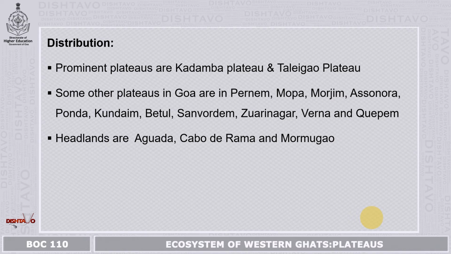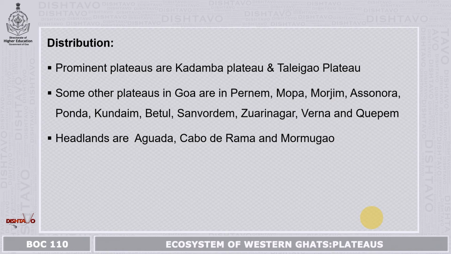Prominent plateaus in Goa are Kadamba Plateau and Taligaon Plateau. Some other plateaus are Pernem, Mopa, Morjim, Asonara, Ponda, Kundaim, Betul, Juarinagar, Varna. These are some other plateaus which you will find in Goa.